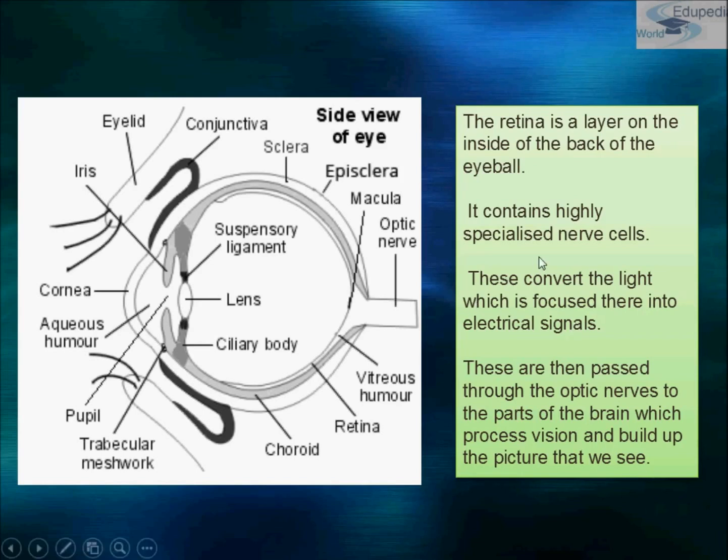Now these specialized nerve cells convert the light which is focused there into electrical signals, so that our brain can interpret them and we can clearly see the images.